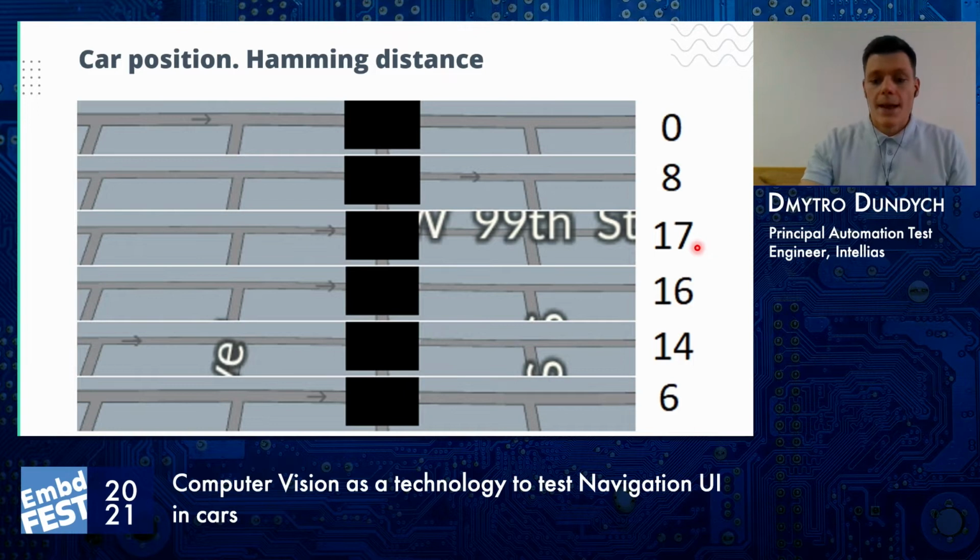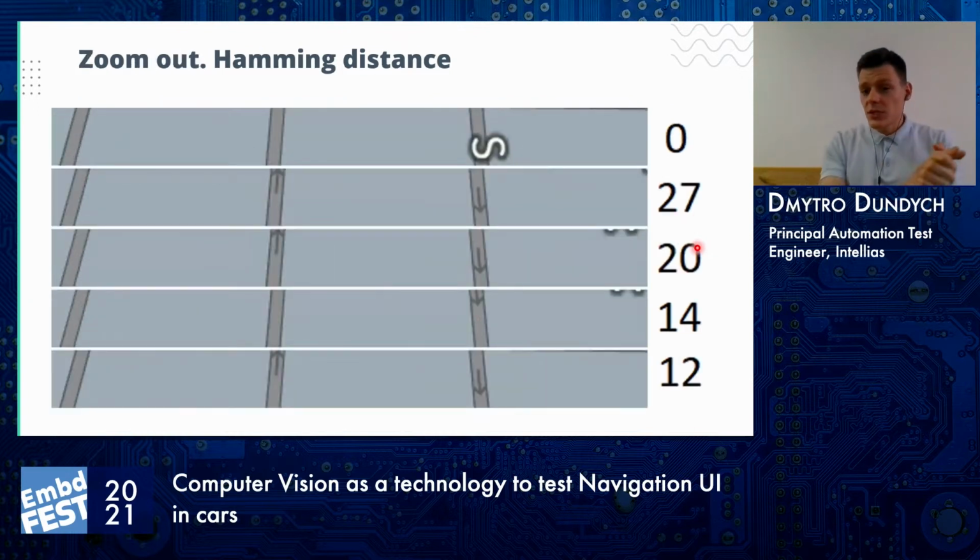But there is a different situation, for example the zoom-in test, where we get a bigger value than 20. So here we have some errors. It's called the first type of error, when there is actually no bug. We are on the road, but the system says the test failed.